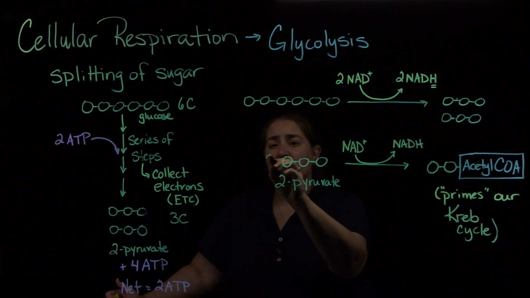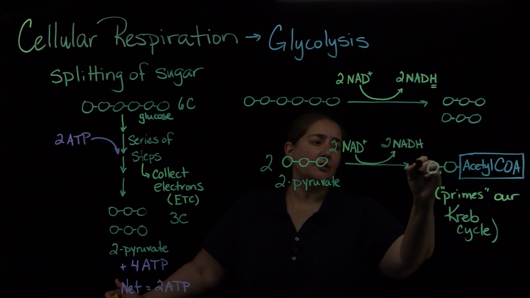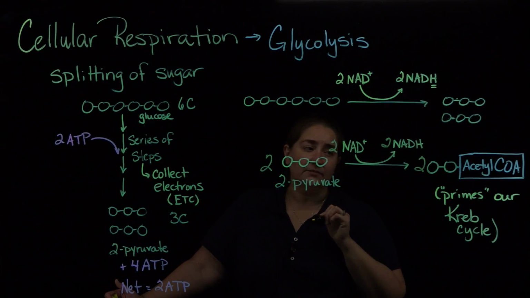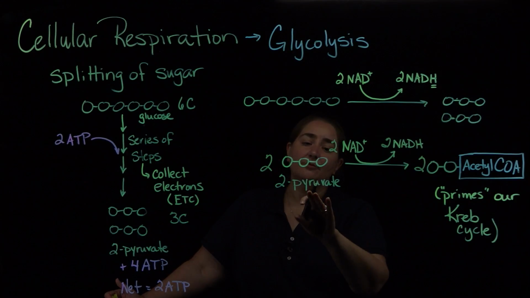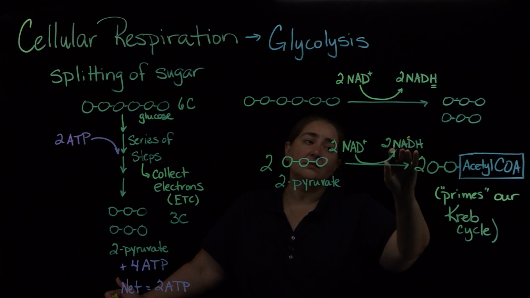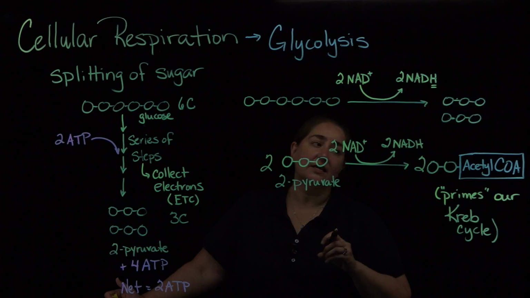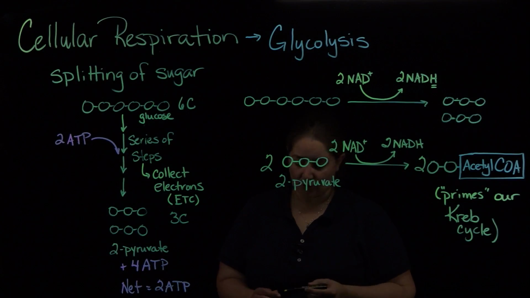Okay? So we've got 2 of these to start with, and we're going to end up with 2 of these at the end. Okay? Start with 2 pyruvate molecules, 2 NADH, again going to extract those electrons, carry those electrons as NADH. We're going to end up at the end with acetyl-CoA.